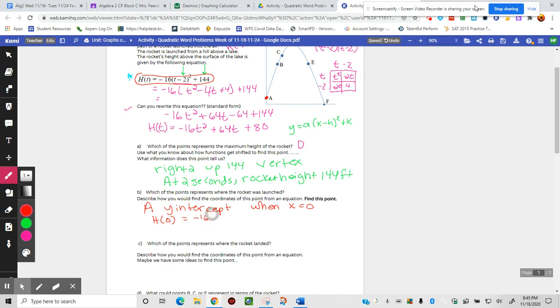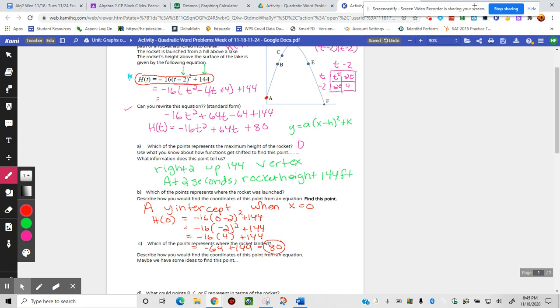Well, it's negative 16 times (0 minus 2) squared plus 144. Or negative 16 times negative 2 squared plus 144. Or negative 16 times 4 plus 144. Or negative 64 plus 144, which is 80.